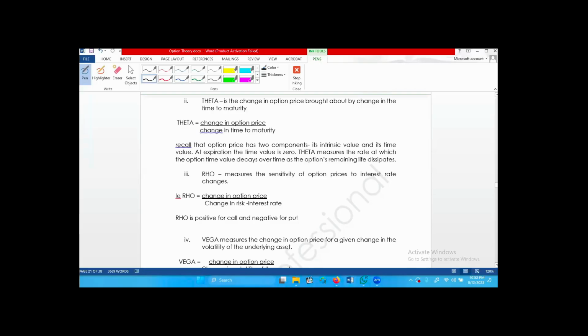In other words, Vega measures change in option price if there is a change in volatility of the underlying asset. These are the 5 Greeks: delta, gamma, theta, rho, and Vega.